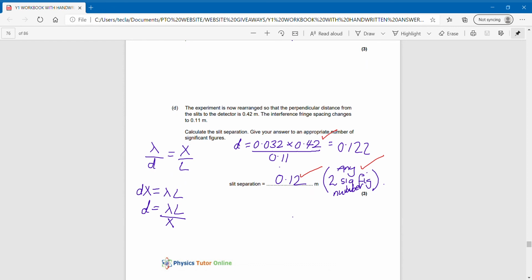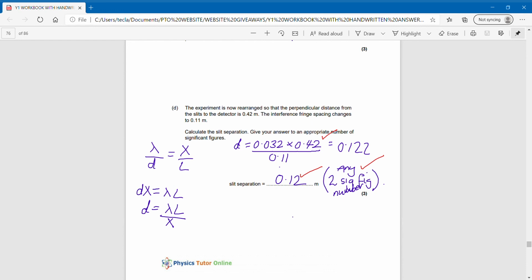Part D. The experiment is now rearranged so that the perpendicular distance from the slits to the detector is 0.42 meters. The interference fringe spacing changes to 0.11 meters. Calculate the slit separation, give your answer to an appropriate number of significant figures. So we're going to use the relationship lambda over d equals x over L. Lambda is the wavelength, which we've calculated previously.